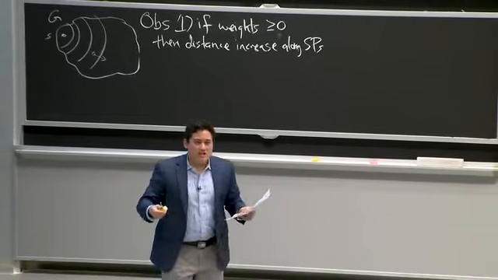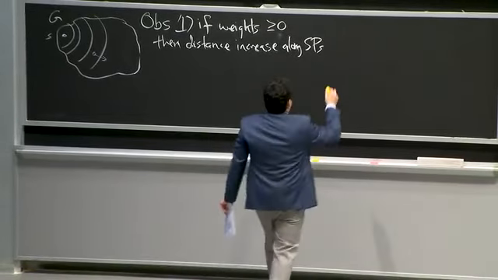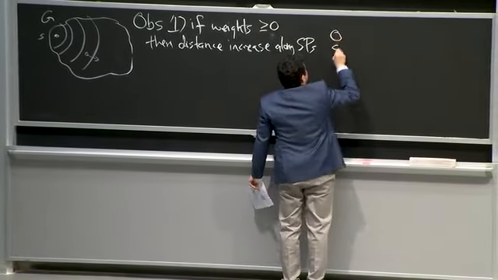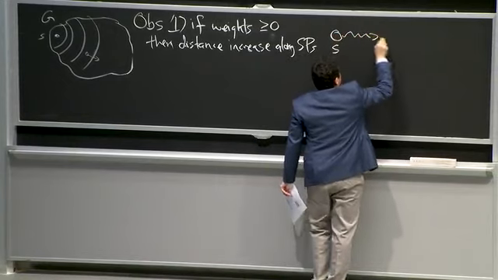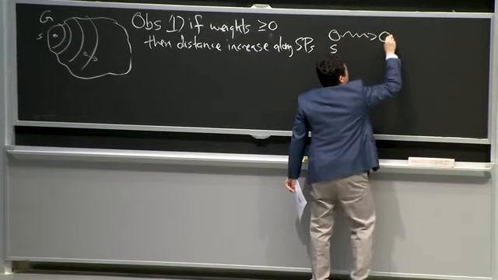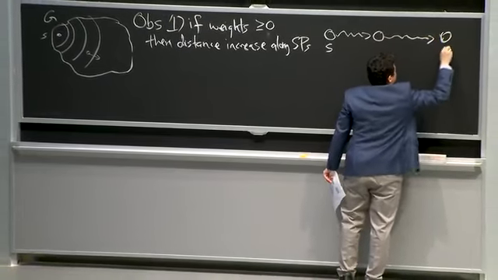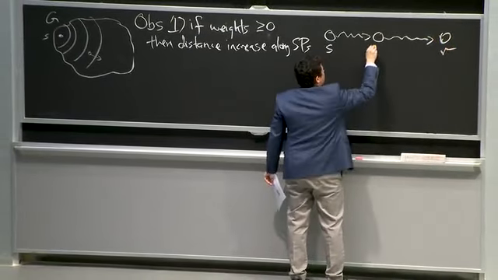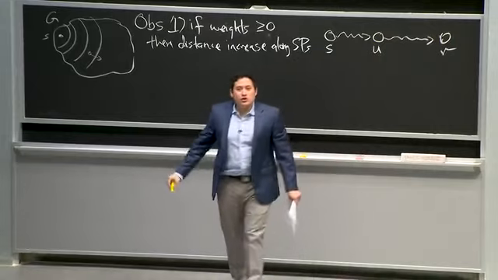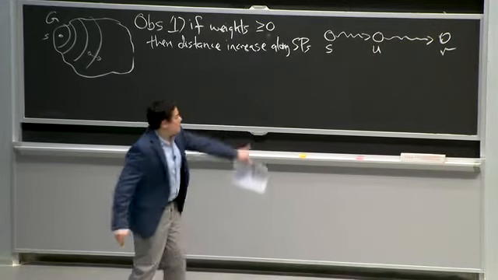If there are 0 weight edges, but in general, if I had a path going from S to some V, and it's going through some vertex U, I have some shortest path.